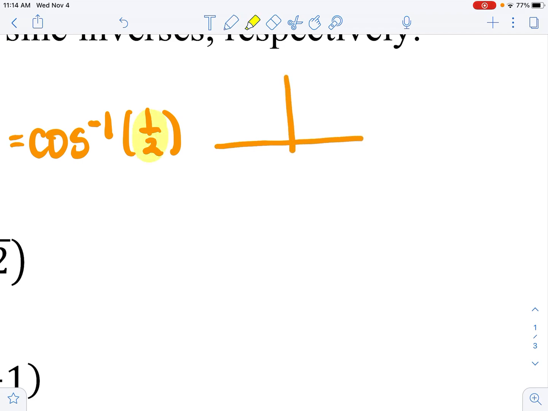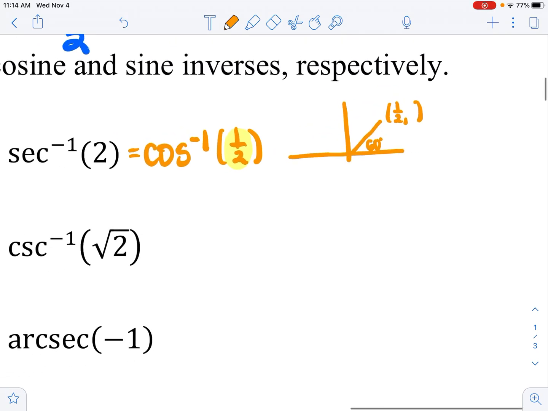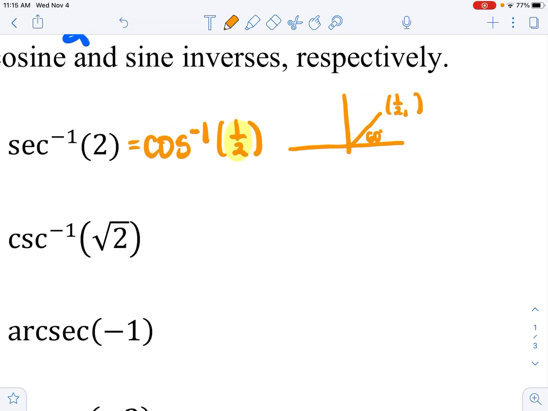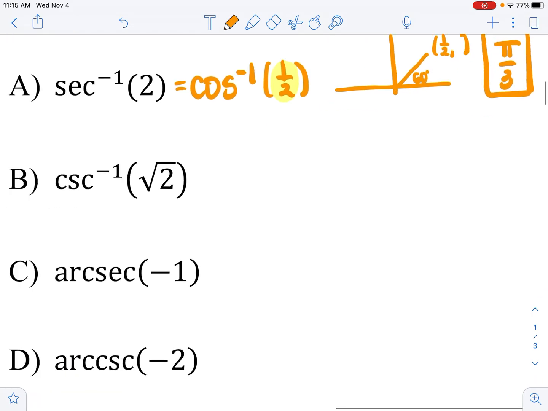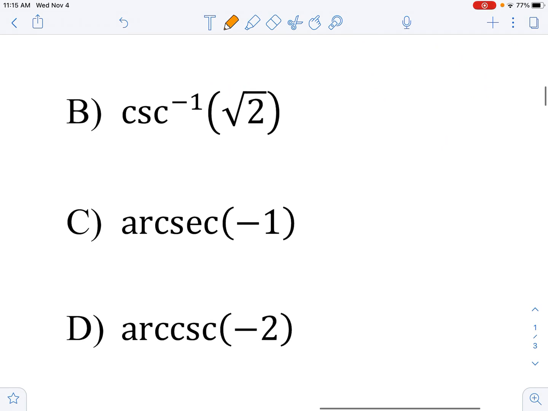Cosine inverse is defined in the first and second quadrant. Where is it positive? Because 1/2 is positive, it's the first quadrant. Is cosine x or y? It's x. So what angle has an x value of 1/2? Most of you think degrees right away. That's 60 degrees. But remember, our answer has to be in radians. So our answer is pi over 3.